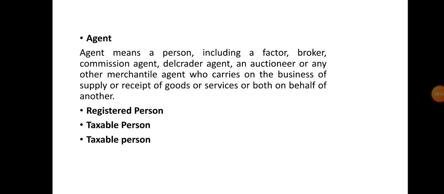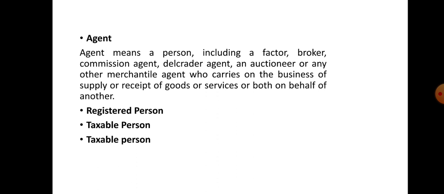Next is agent. Here agent means a person including a factor, broker, commission agent, del credere agent, an auctioneer or any other mercantile agent who carries on the business of supply or receipt of goods or services or both on behalf of another.